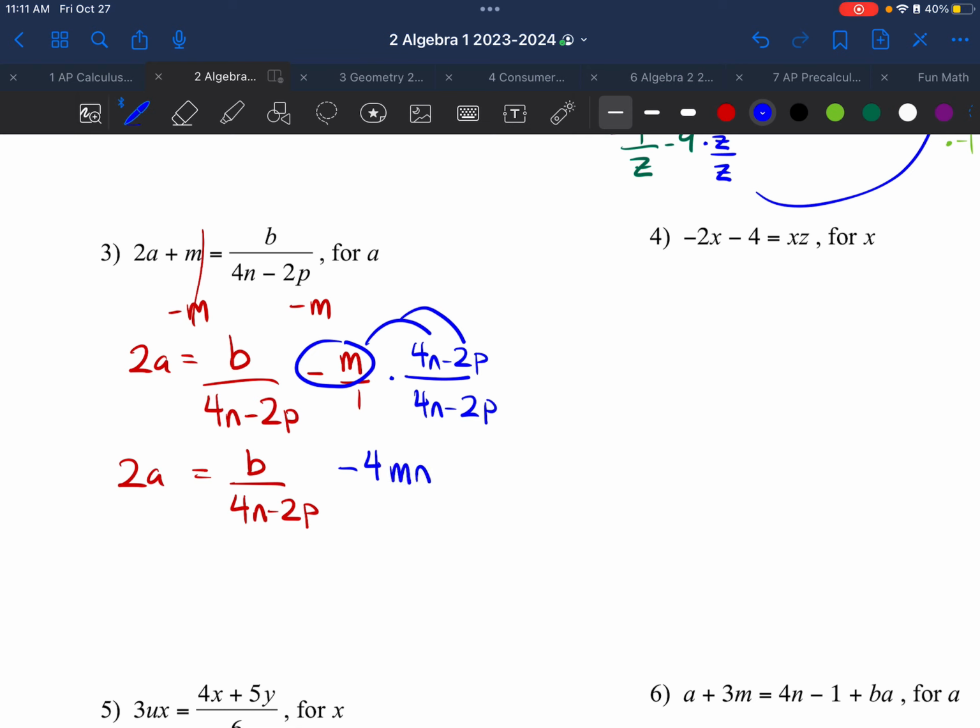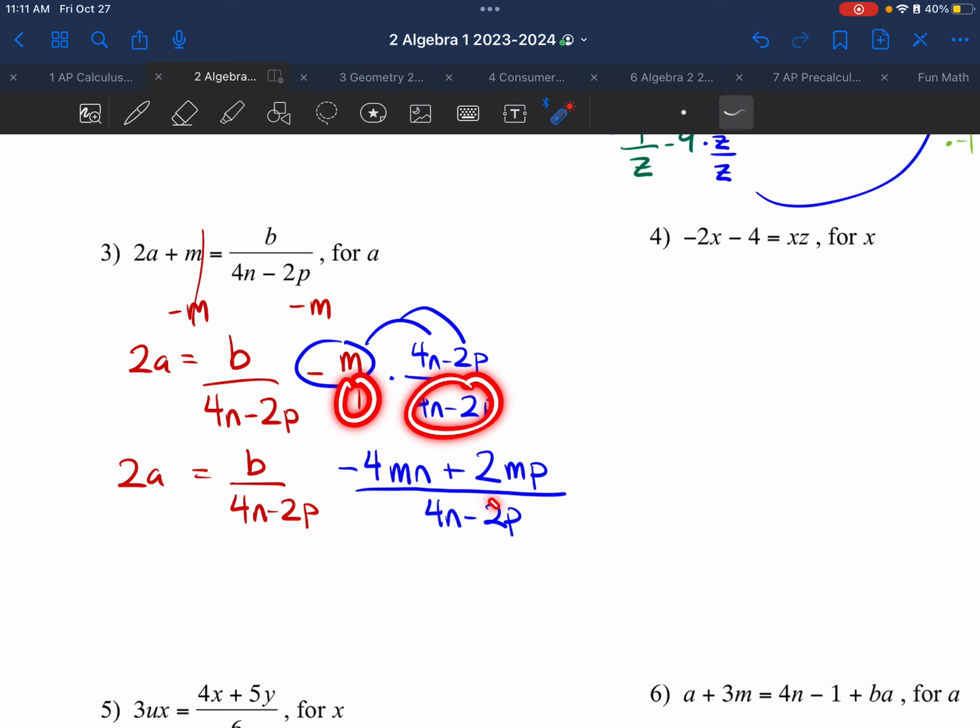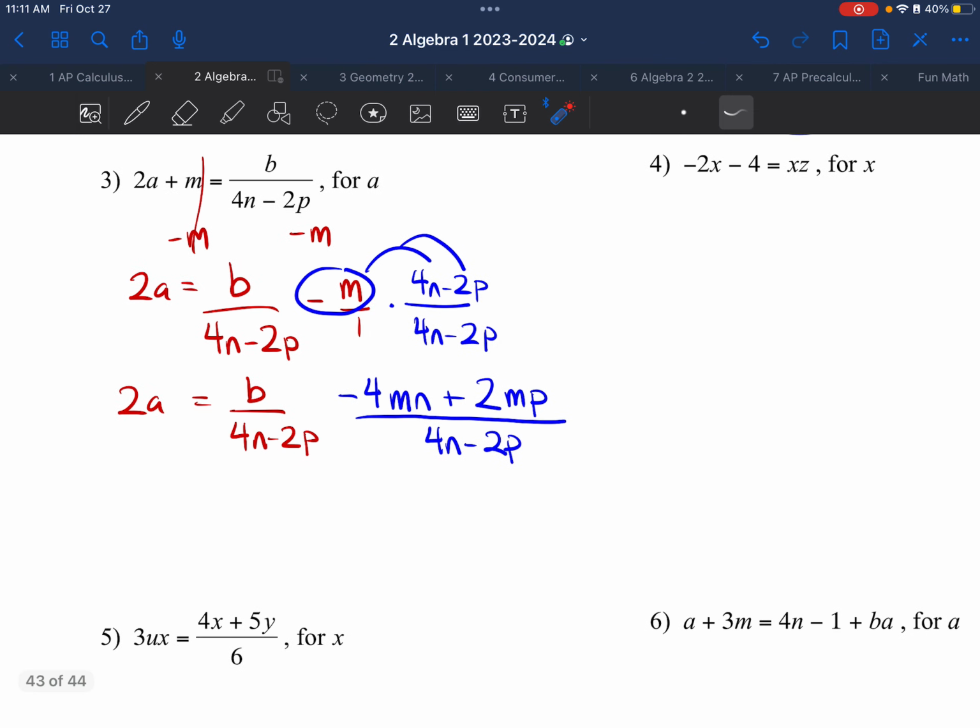I usually go with the alphabet in terms of the order. And then this is going to be plus, because a negative times a negative is a positive. So plus, you always do the number out front, the coefficient out front, and then mp. And then this is all going to be divided by 4n minus 2p, again, because 1 times 4n minus 2p is 4n minus 2p. All right, and I'm still leaving the left side alone.